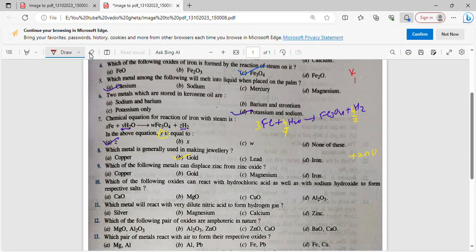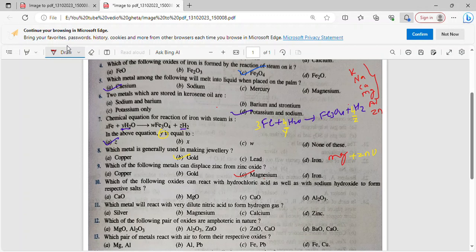First potassium, then sodium, then calcium, then magnesium, then aluminium, then zinc. So out of these, if they give any one metal, we will write it down. Let us see the options. Copper is not, gold can't, magnesium can be the one, right? So magnesium can displace zinc and it will form magnesium oxide.